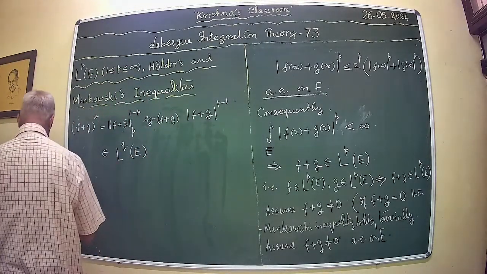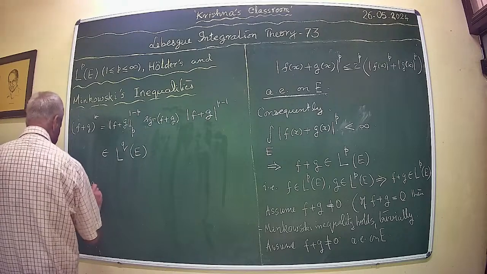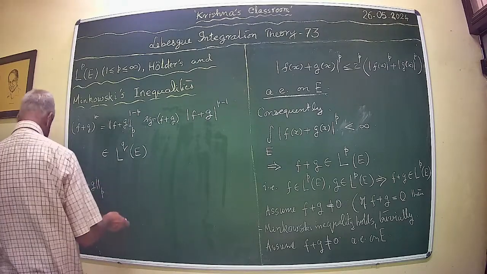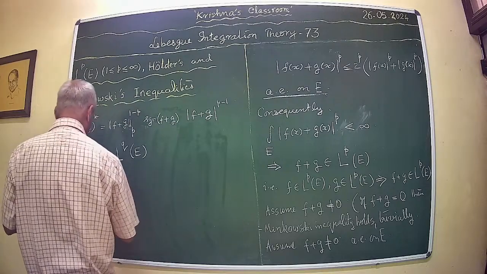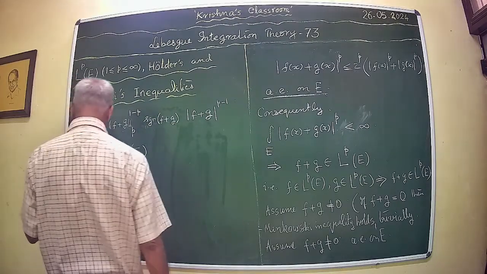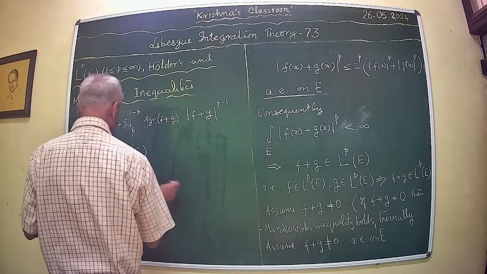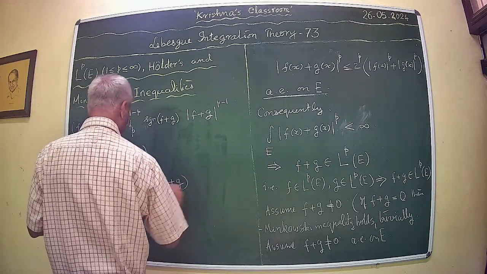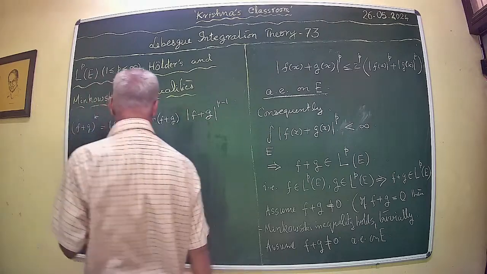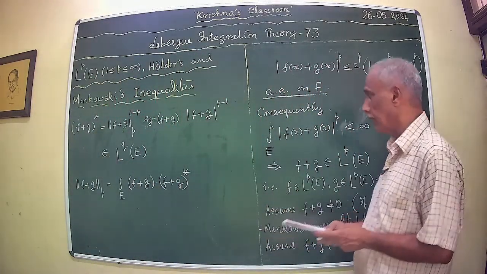So we compute this. This is equal to the integral over E. We calculate this: F plus G star, F star is this one.